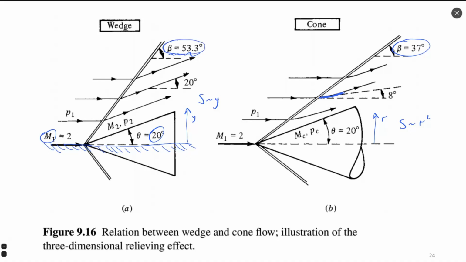For example, here for the cone it is 37 degrees, for the wedge it is 53.3 degrees. The cone is smaller because the area increases proportionally to the distance in the radial direction squared, whereas in the wedge case it is proportional just linearly.